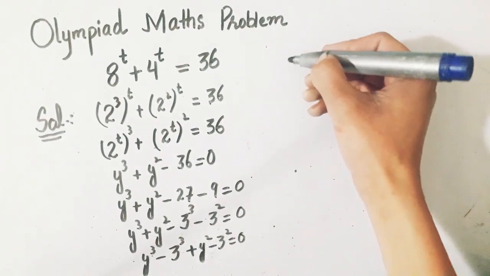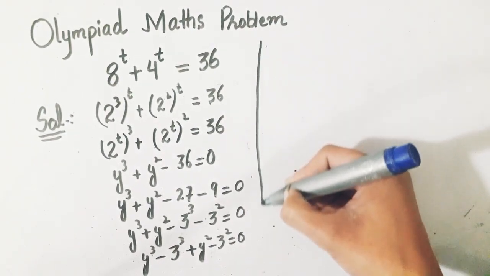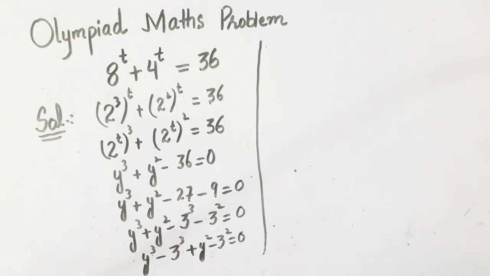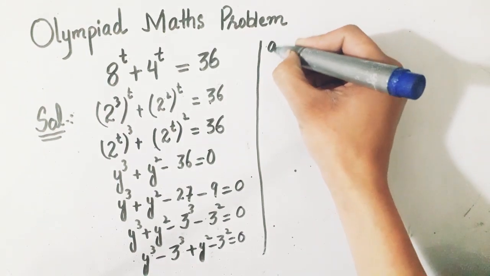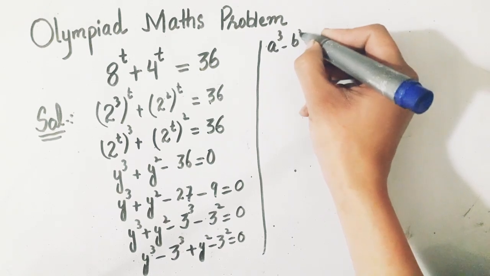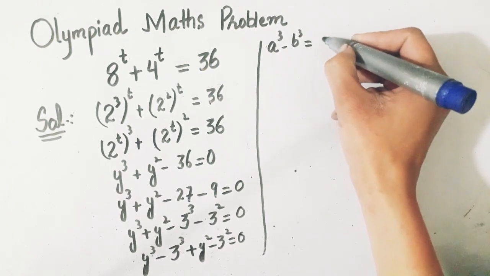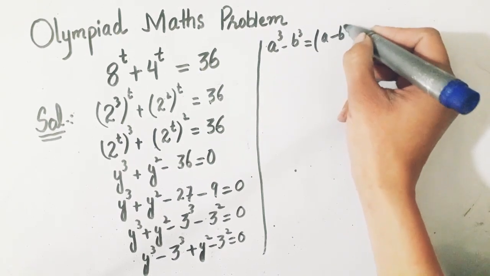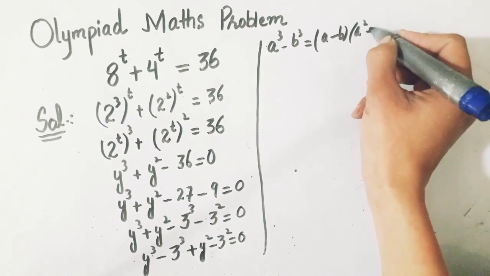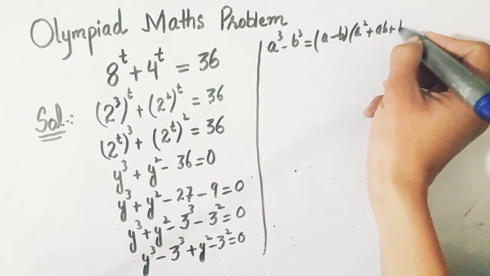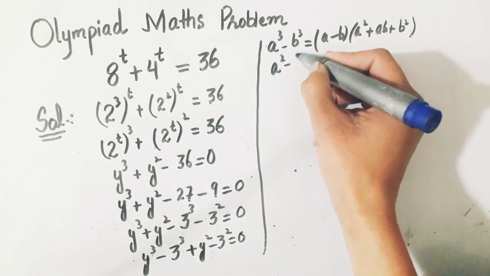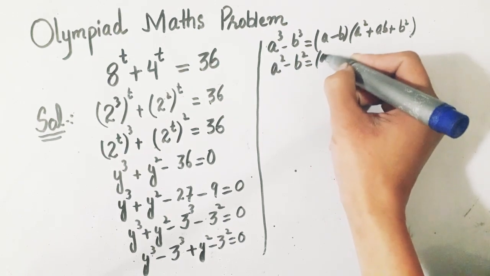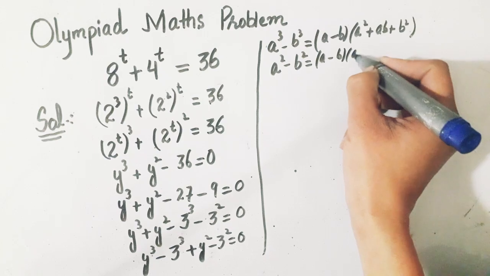We get, apply the formula of a cube minus b cube, that is a minus b into a square plus ab plus b square, and the other formula, that is a square minus b square, is a minus b into a plus b.